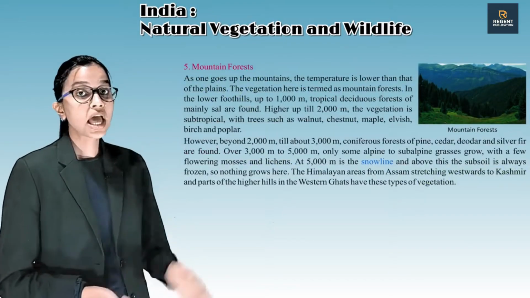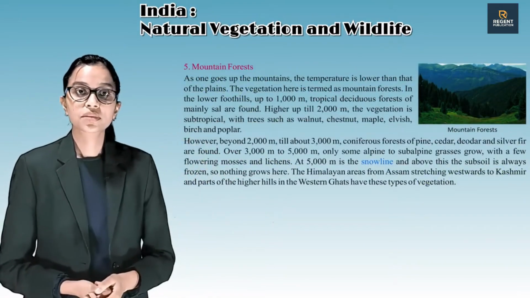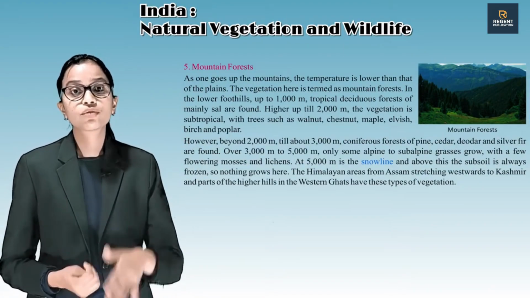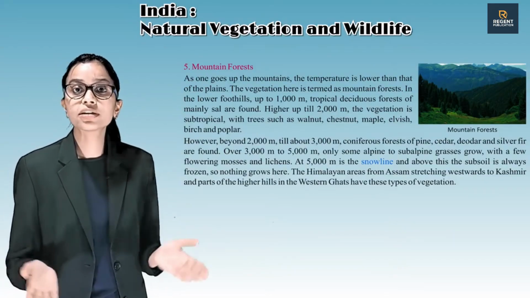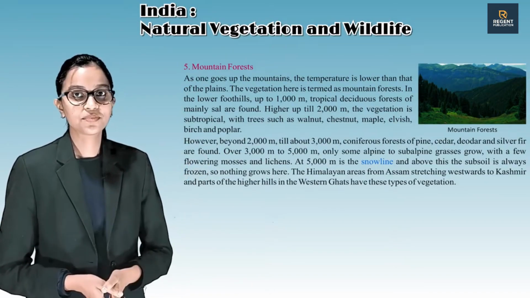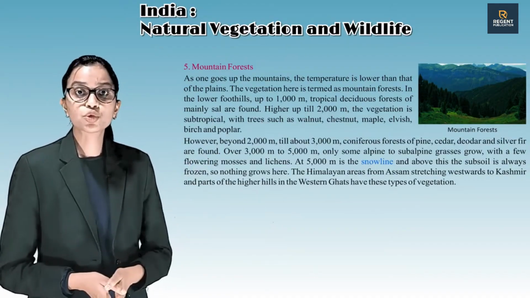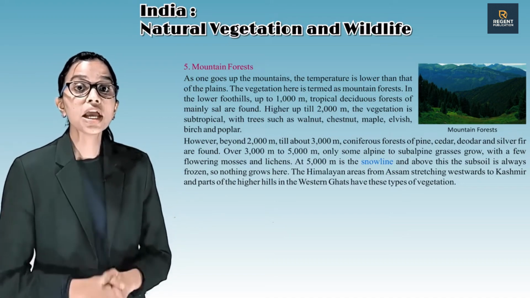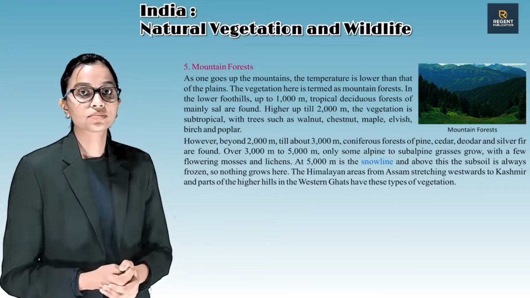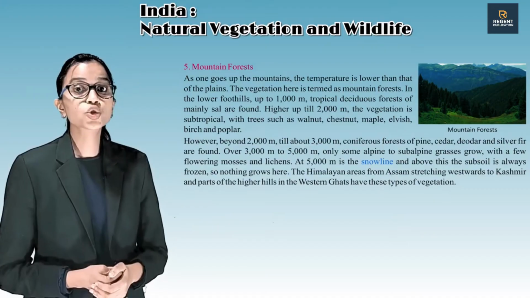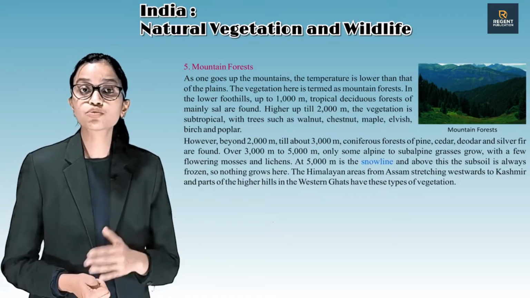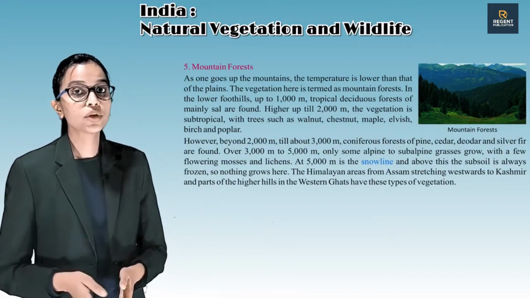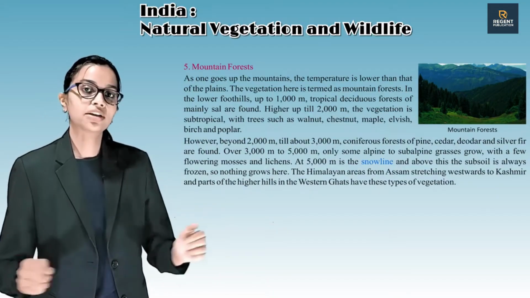The fifth one is mountain forest. As one goes up the mountains, the temperature is lower than that of the plains. The vegetation here is termed as mountain forest. In the lower foothills up to 1000 meters, tropical deciduous forests of mainly sal are found. Higher up till 2000 meters, the vegetation is subtropical with trees such as walnut, chestnut, maple, elvish, birch and poplar.